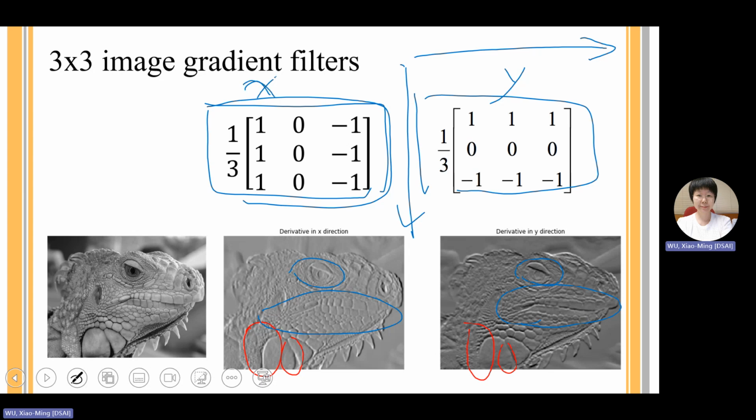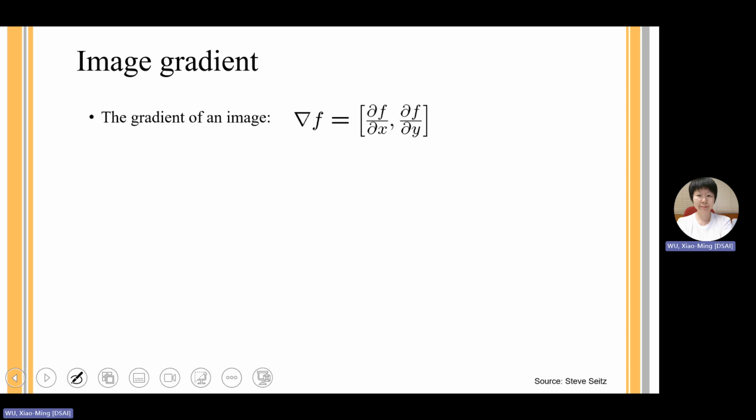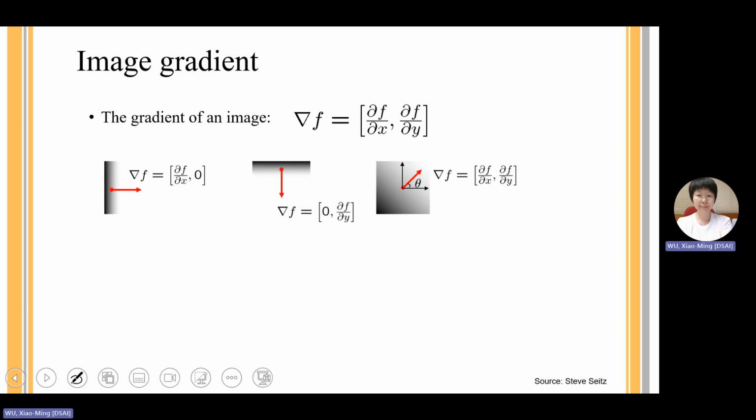The X derivative filter compares the differences horizontally, and the Y derivative compares the differences along the vertical direction. So with those filters, we can now compute the gradient. The gradient is just a vector consisting of the X derivative and the Y derivative.